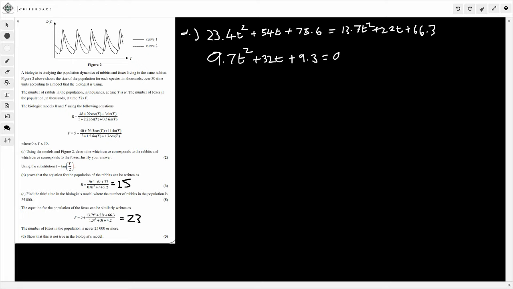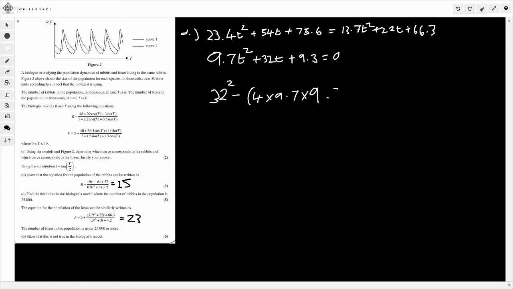So you can do two steps with this. You can either solve this using the quadratic formula, completing the square, or using your calculator, or you can just work out the discriminant, right? The discriminant will show us whether there are 2 real roots, a repeated root, or no real roots. So let's do that. It's going to be b squared, so 32 squared, minus 4 times a, 9.7, times c, which is 9.3.